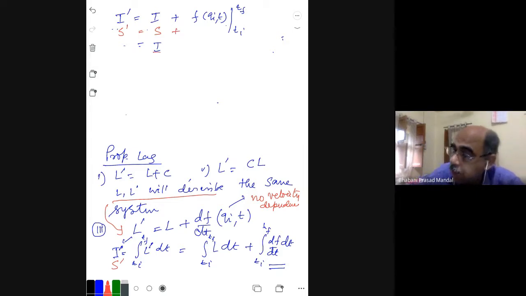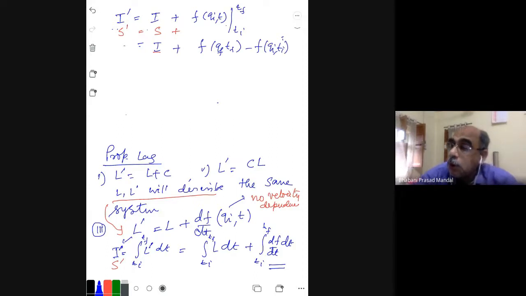So if you have I, and then this quantity f(q_final, t_final) minus f(q_initial, t_initial). Now what will be delta of I prime? Delta of I prime equals delta of I plus, this is a function of q_f and t_f, this is a function of q_i and t_i.